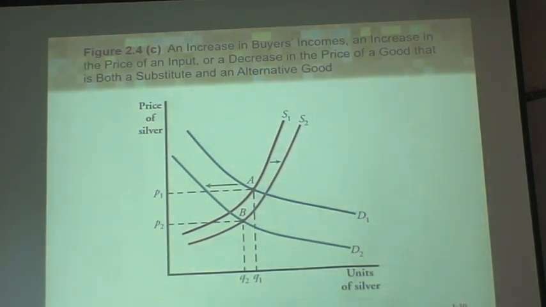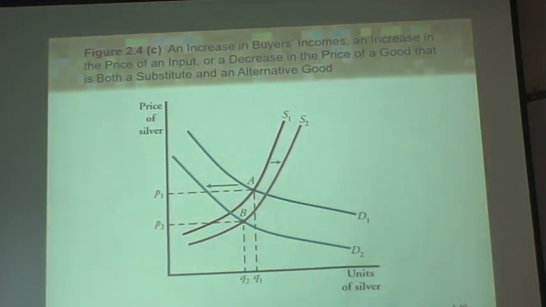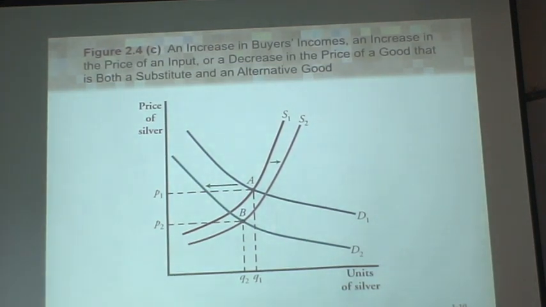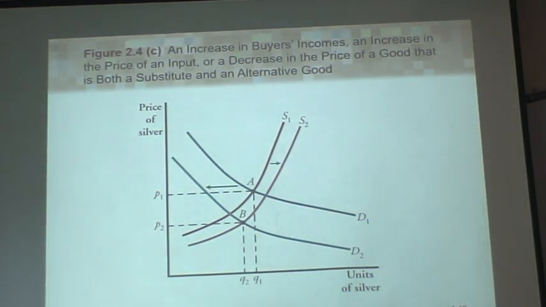So two cases: price definitely will go down, because when supply increases, price goes down and quantity goes up, and when demand goes down, price goes down and quantity goes down. So price definitely goes down. What about quantity? Not so sure, because when demand goes down, quantity goes down, but when supply increases, it goes up. So price goes down for sure, but quantity is uncertain. Okay, let's move on.